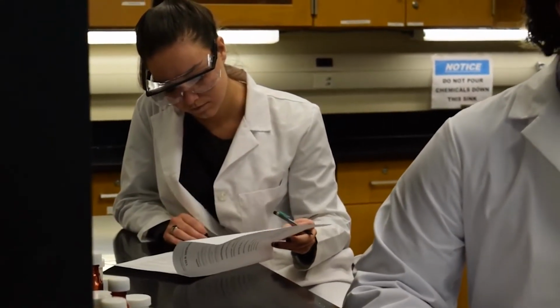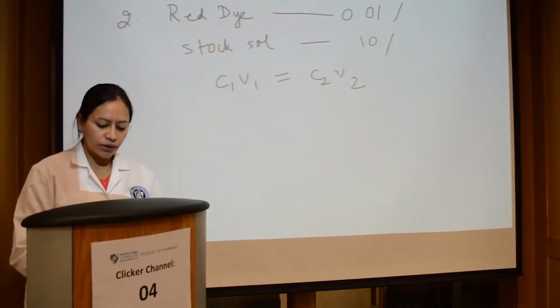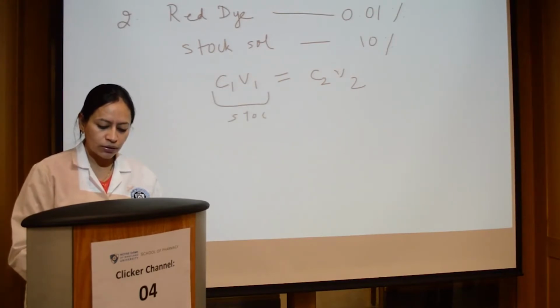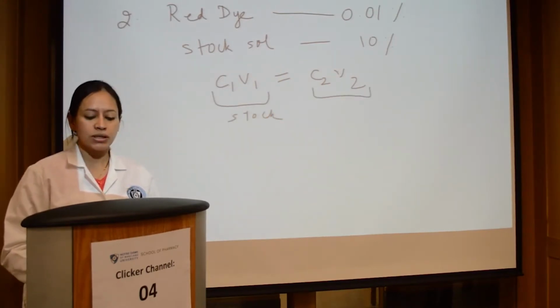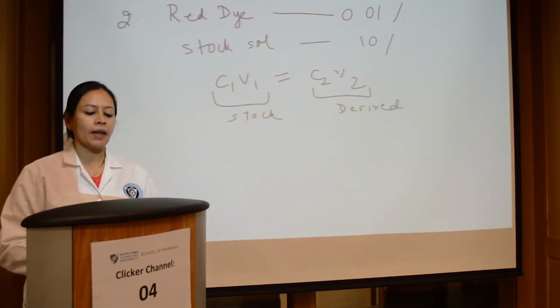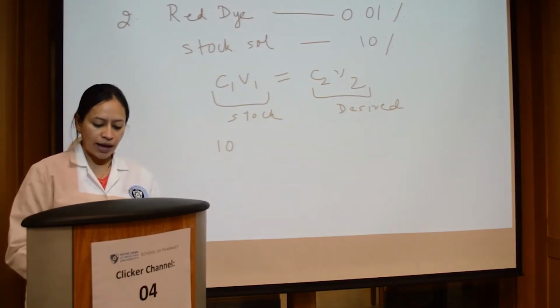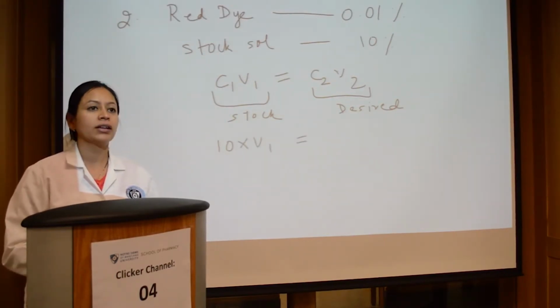So the very easy equation that you can do is C1V1 equals C2V2. So C1 and V1 stand for the stock, and C2 and V2 stand for the desired preparation. So C1 is the stock, so we know that it's 10% weight by volume, and V1, that's what we are looking for.